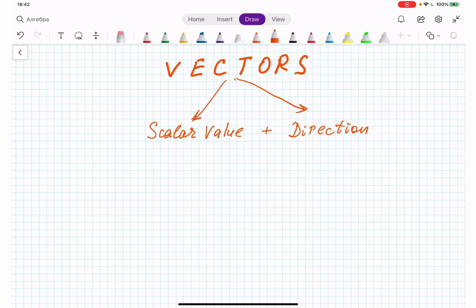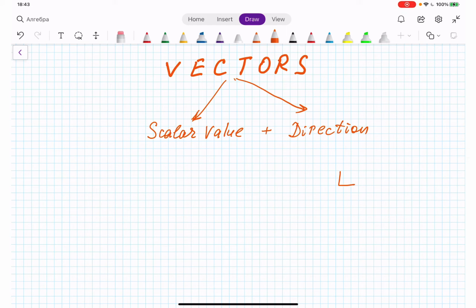Velocity, force, acceleration, those are all vectors because they have direction. Velocity: you can drive one way, it's positive. You can drive another way, back, it's going to be negative direction, meaning opposite direction, right? Force can have all kinds of directions.